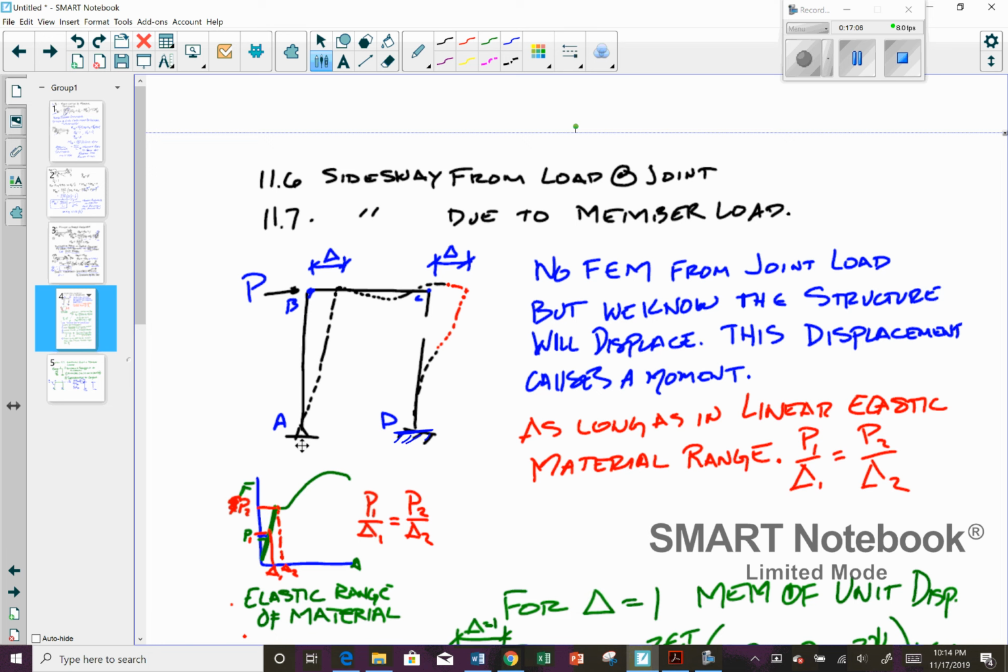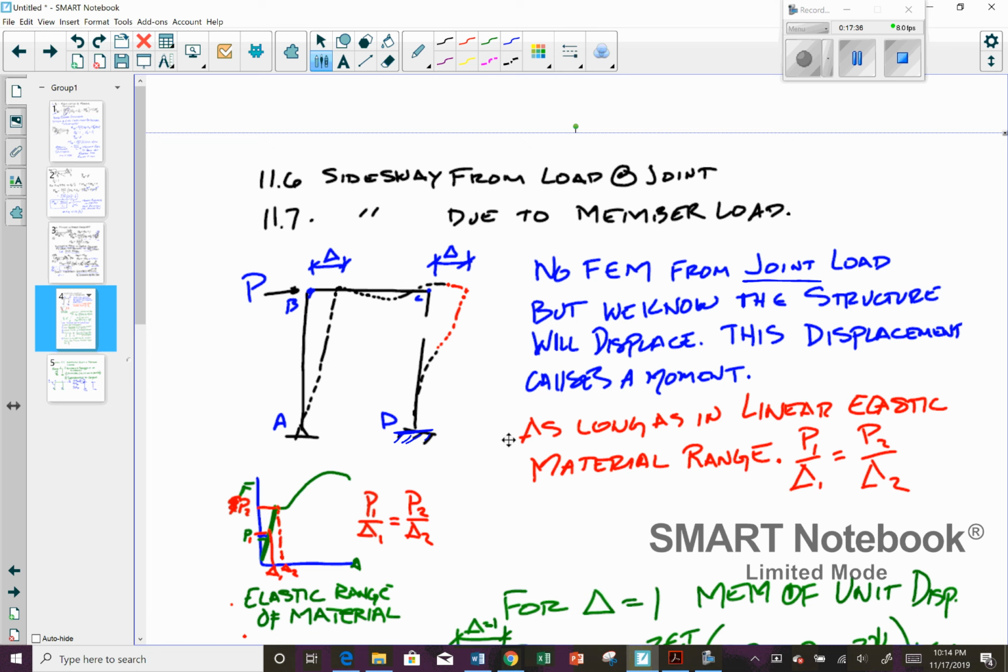And then this side has a pin on it. So if we apply a load that's going to give a unit displacement, this displacement here is going to be equal to the displacement here. We don't have any fixed end moments from the joint load, because it's a load on the joint, correct? But we know that there's going to be moments. There has to be moments in here because it's displacing and it's curving. You have curvature in the member.